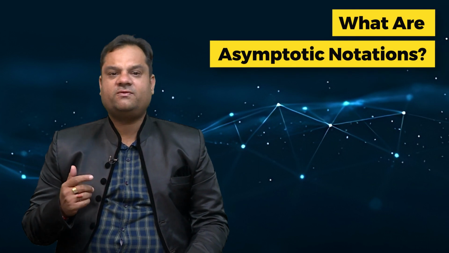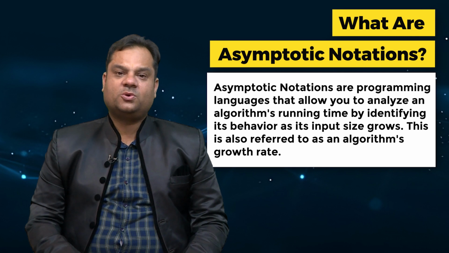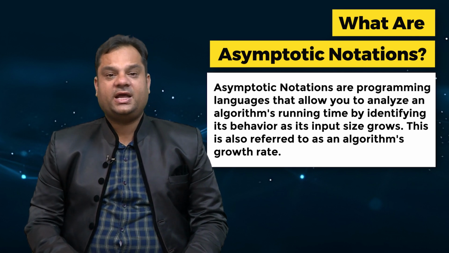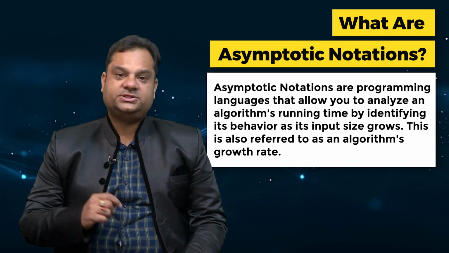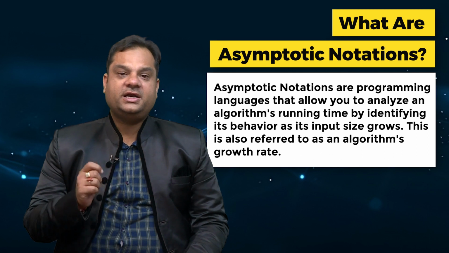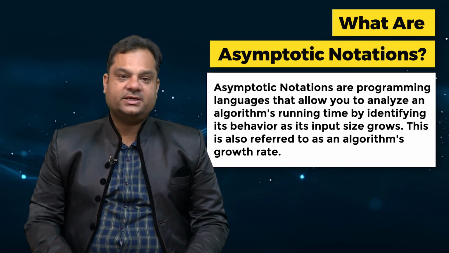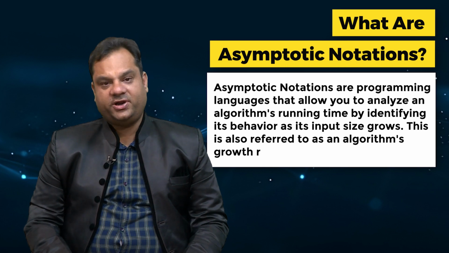We already discussed these things in the previous tutorial. Now we understand the concept of asymptotic notation. Asymptotic notations are mathematical tools that allow you to analyze an algorithm's running time by identifying its behavior as its input size grows. This is also referred to as an algorithm's growth rate.